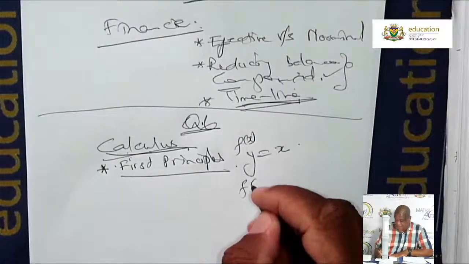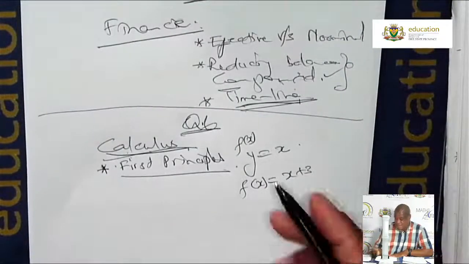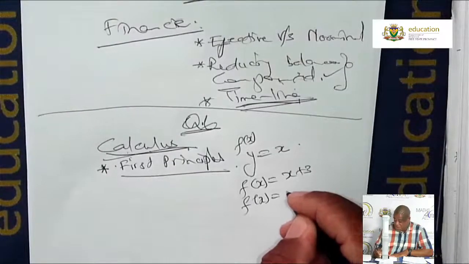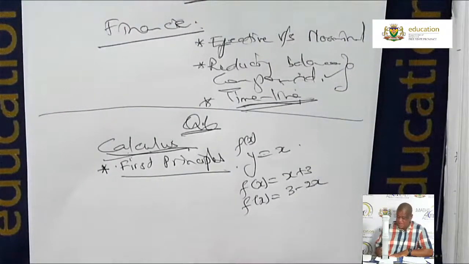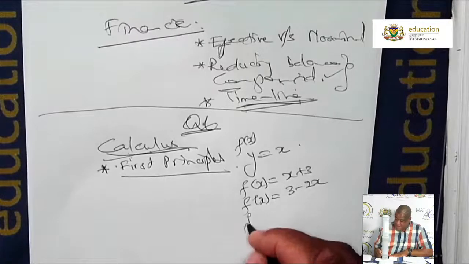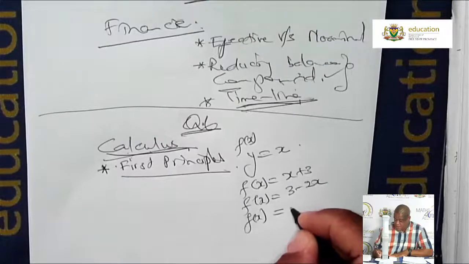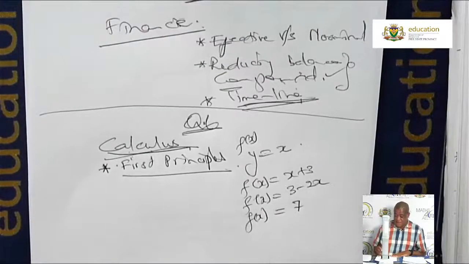They may say f(x) equal to x plus 3. It's always linear. If they want to trick you, they may use f(x) equal to 3 minus 2x. They may come and use a different one as f(x) equal to, at some point, 7. Let us expect this kind of question and be able to know what that is.